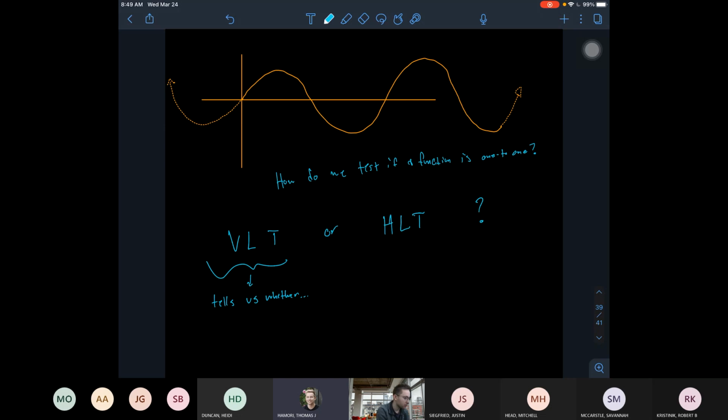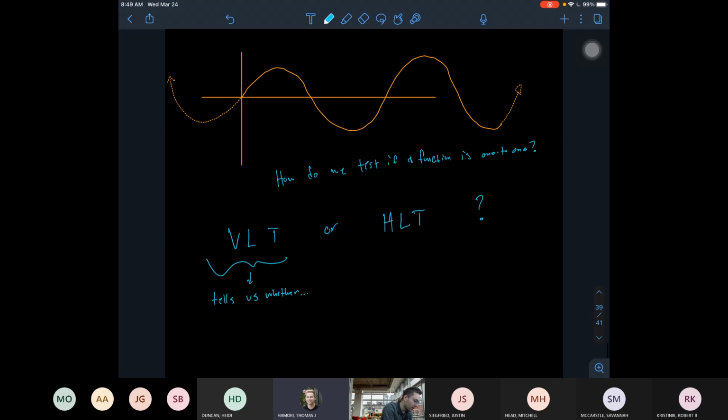The vertical line test was for deciding whether or not a relation was even a function or not. So the vertical line test tells us whether the relation defines a function at all.